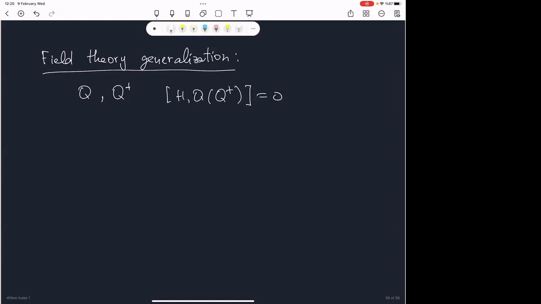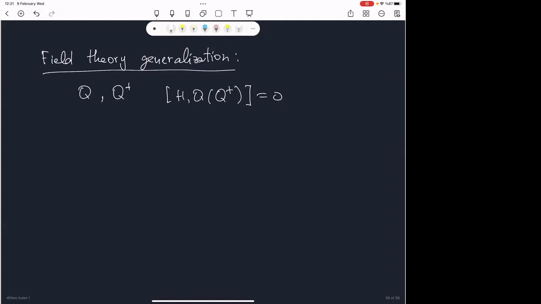Now let's say that we have some other symmetries which commute with the supersymmetry. For instance, in supersymmetric gauge theories, you can take some global symmetries, for instance flavor symmetries. It commutes, of course, with the supersymmetry.